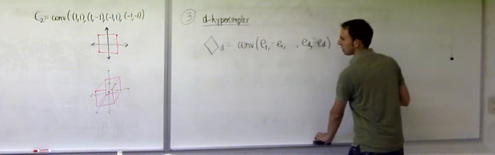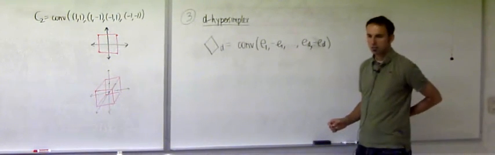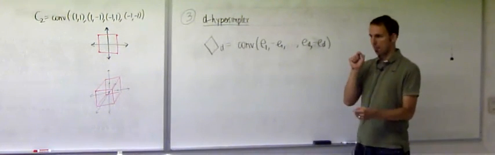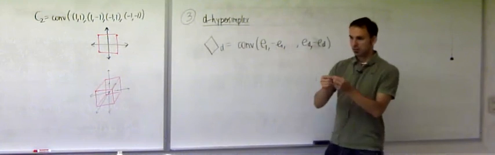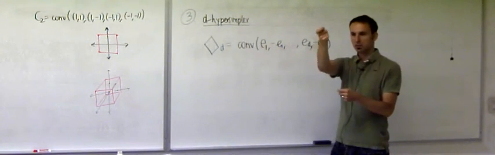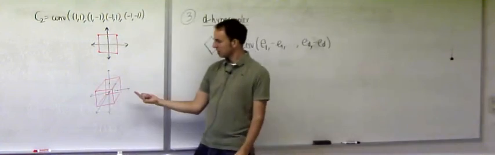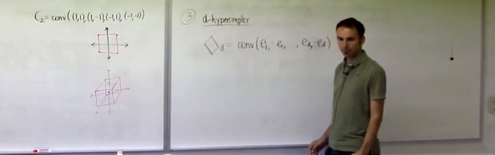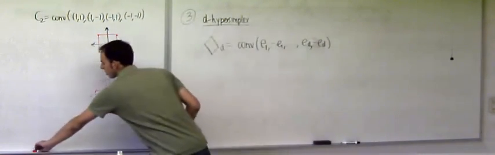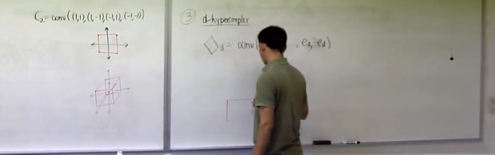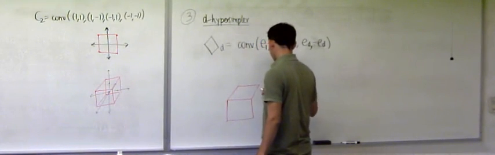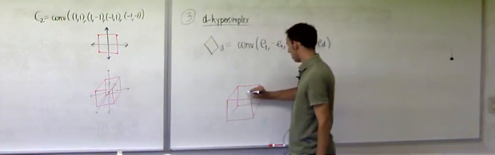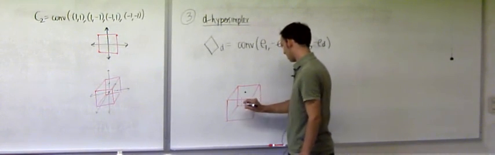Okay. And you might be familiar with this construction in 3 dimensions. What am I doing? I'm considering a vertex at each unit vector and its negative. And if you look at that in that picture, what I'm doing is that I'm putting a vertex at the middle of each face. So I'm putting a vertex right at the middle of each face.